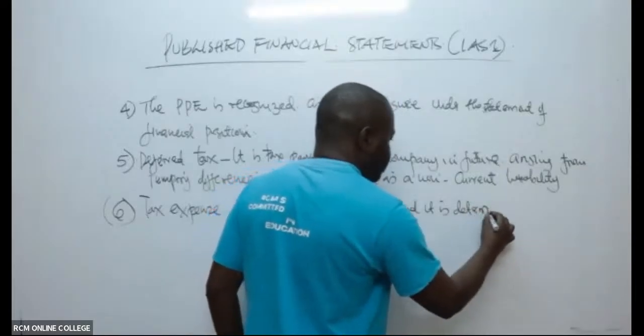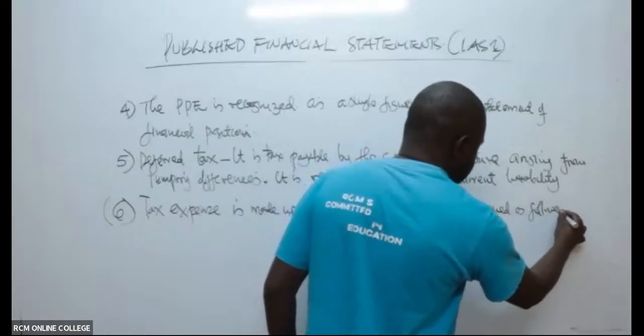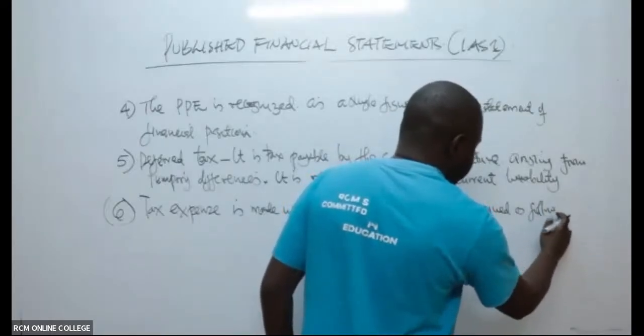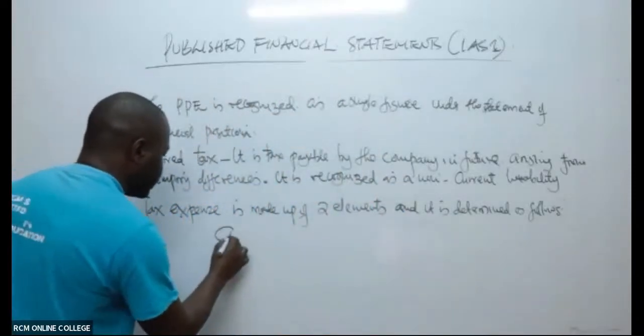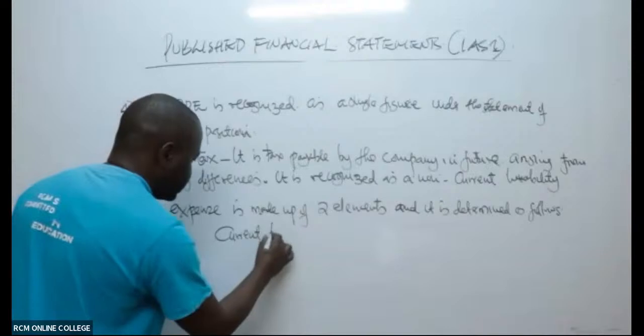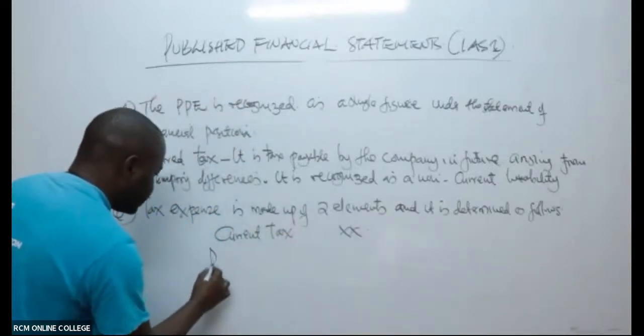Of course you'll be given the current tax, so you take the current tax. Then you add deferred tax.